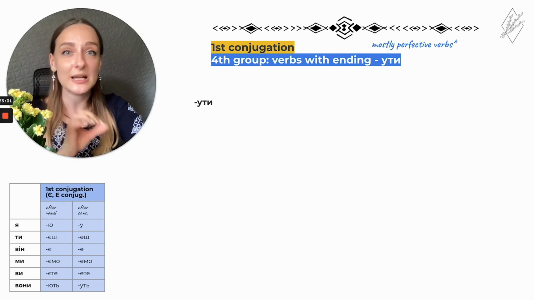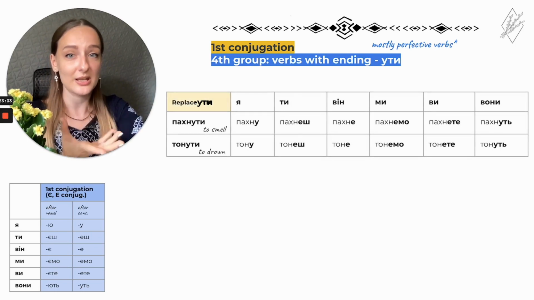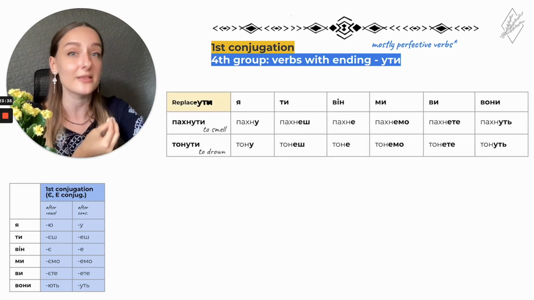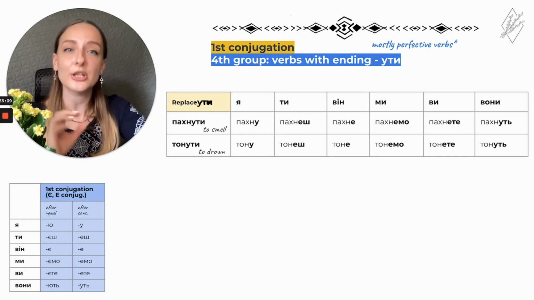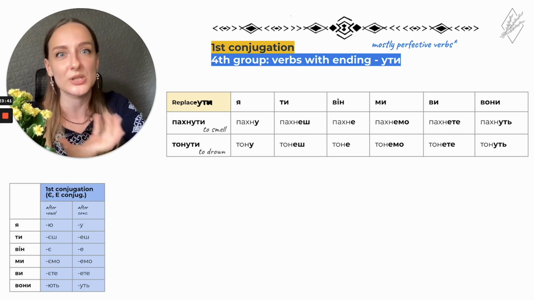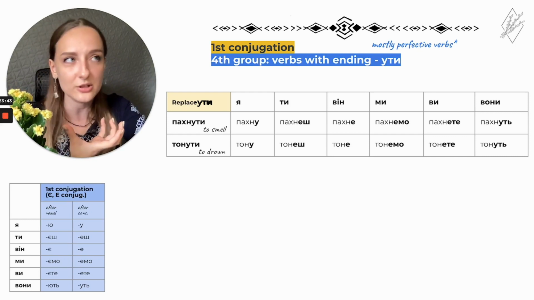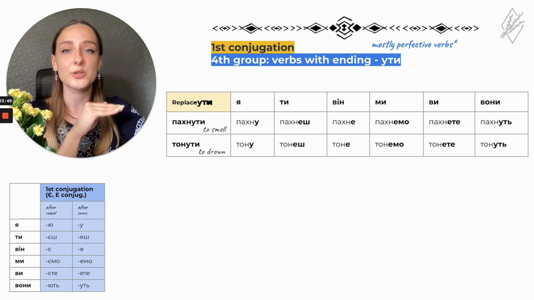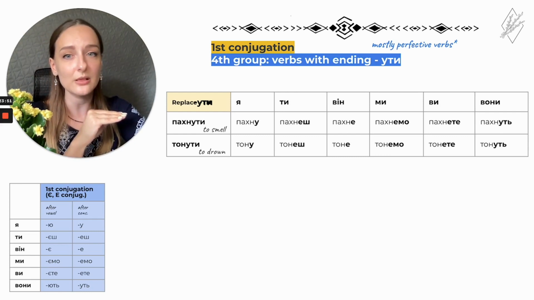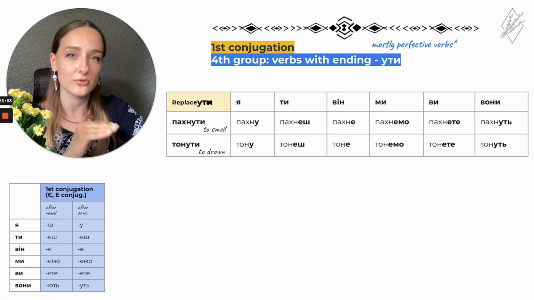Of course, there are some imperfective verbs with this ending, but not a lot of them, and they are not even A1 level. But I still put them here in order to show you how it works with the ending uti. So basically, you will not meet this ending often among imperfective verbs. So I chose the verbs пахнути, to smell, and тонути, to drown.